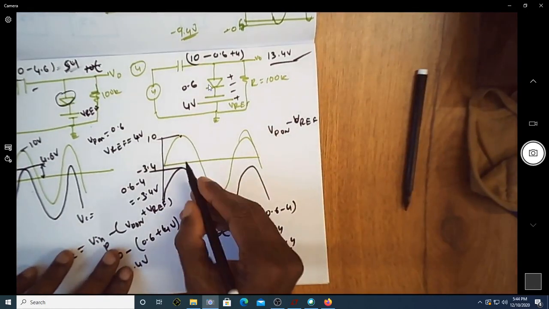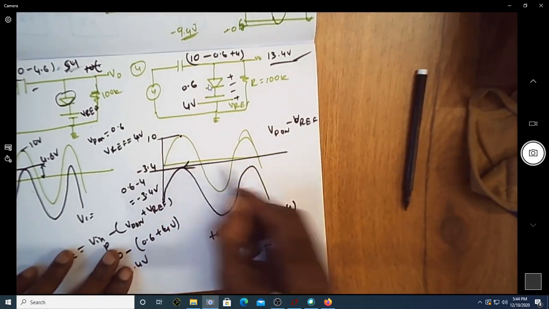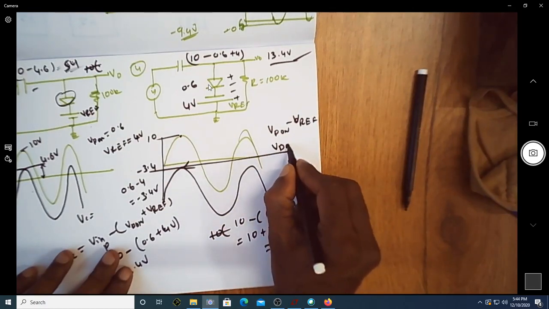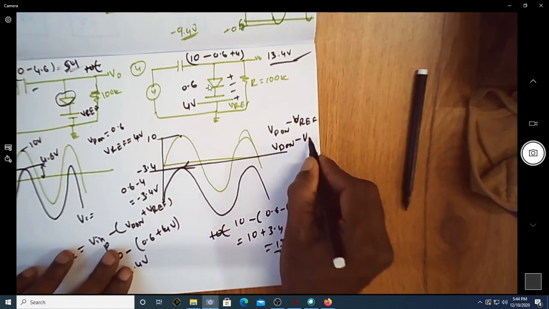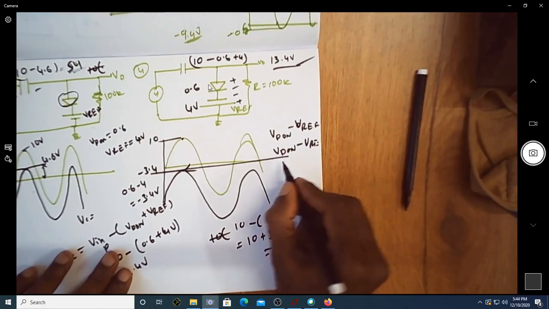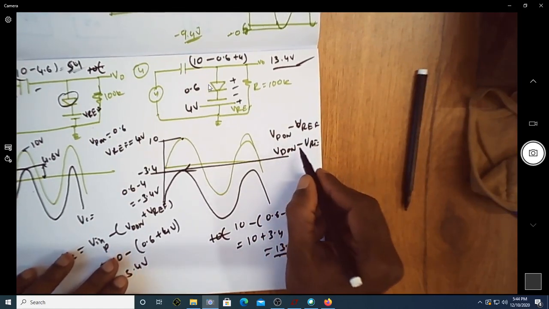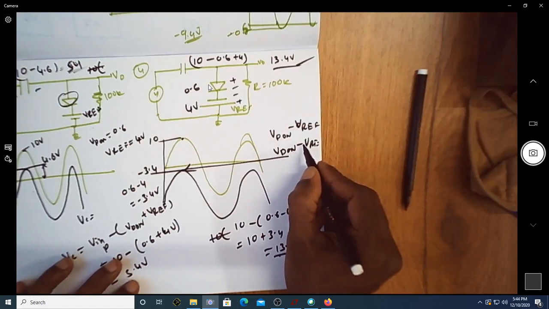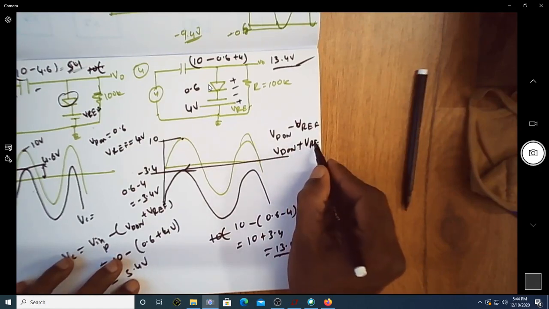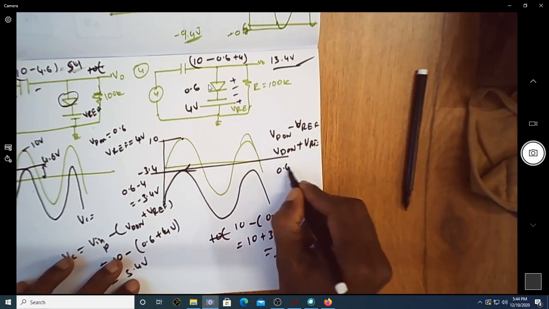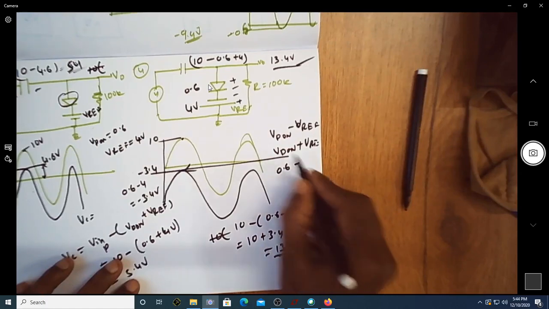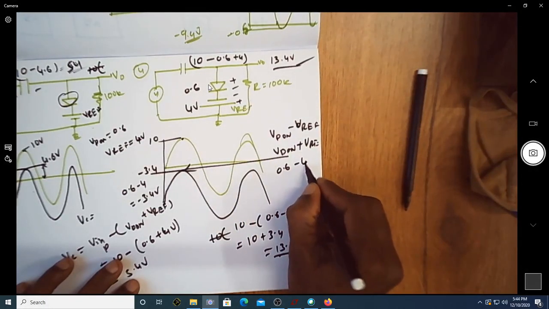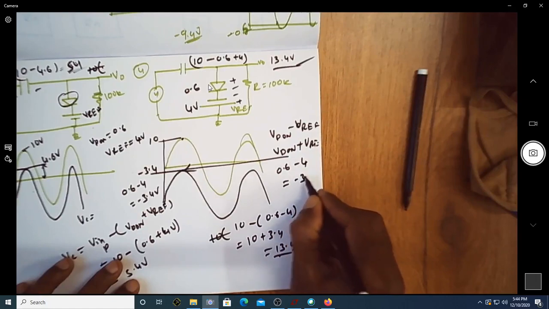The clamping position is now equal to VD on minus V reference. Of course, you can write it as minus V reference or plus the V reference voltage. Now it is 0.6. What is the reference voltage? It is minus 4 volt. So it is now minus 3.4 volts.